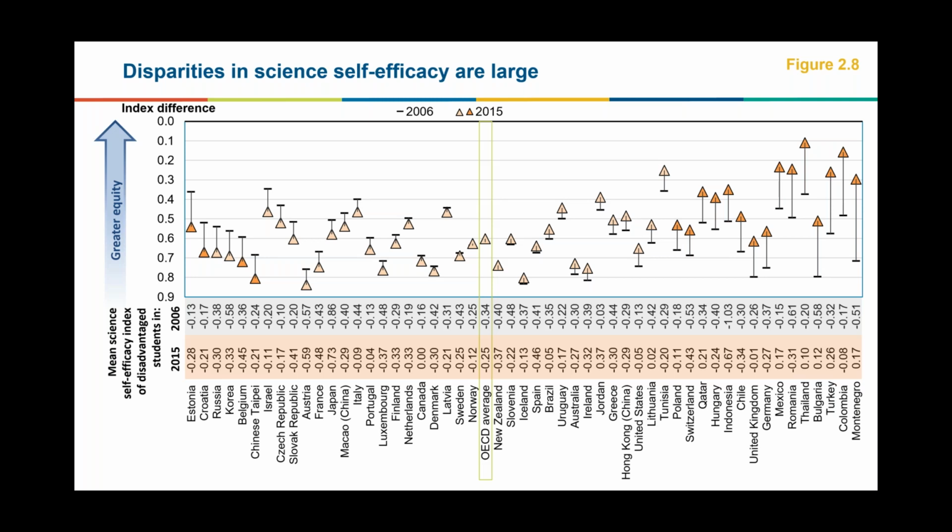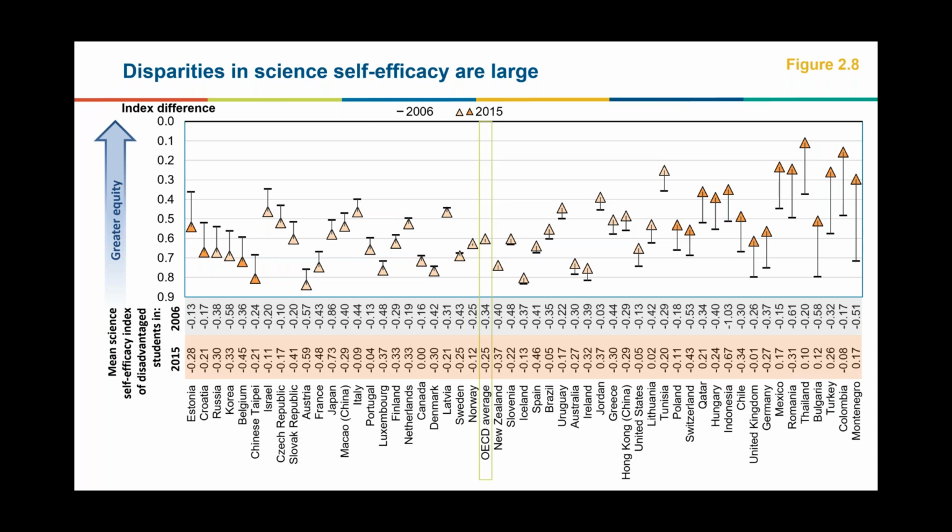Also, that depends on socio-economic background. In other words, in most countries, students from disadvantaged backgrounds do not trust their abilities. They see their education sorting themselves, but they do not see that their investment in learning is going to make a difference for their lives.